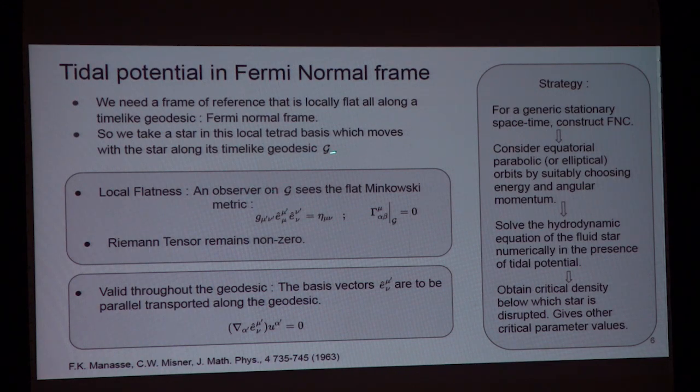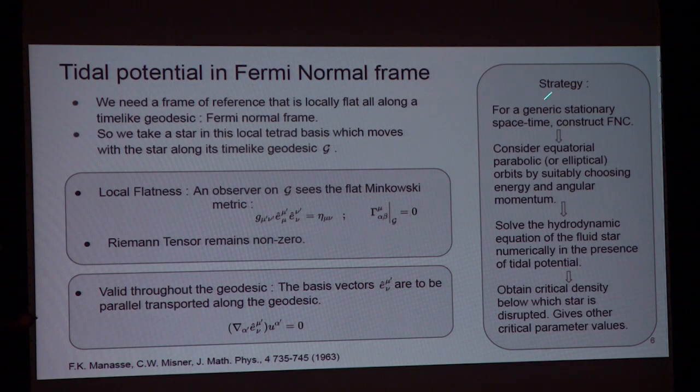So there is the time-like geodesic G, and everywhere on it the metric tensor is basically the flat metric and the Christoffel connection is 0. But of course the derivative of the Christoffel connection may not be 0, so the Riemann tensor remains non-zero, and essentially the basis vectors are parallel transported all along the geodesic. These details can be found in this famous paper by Manasse and Misner way back in 1963.